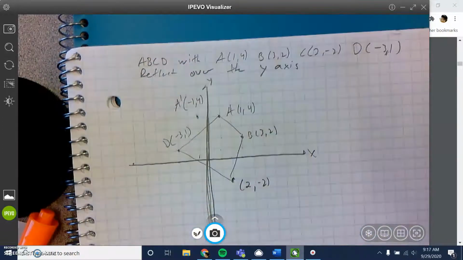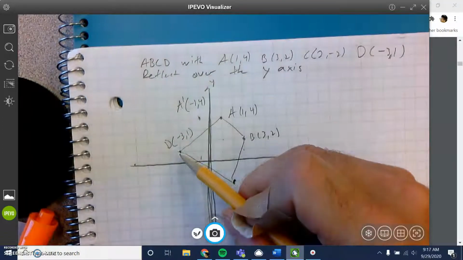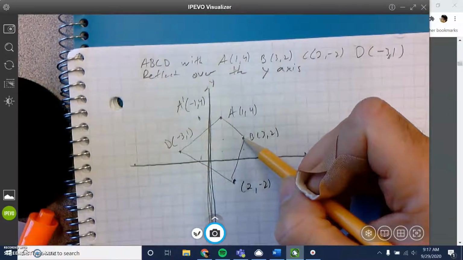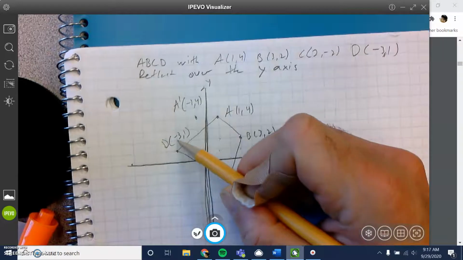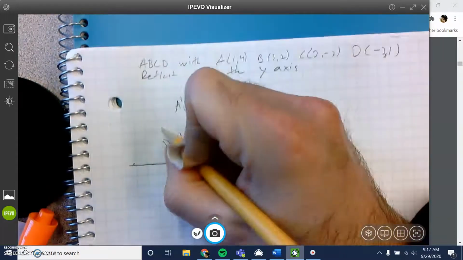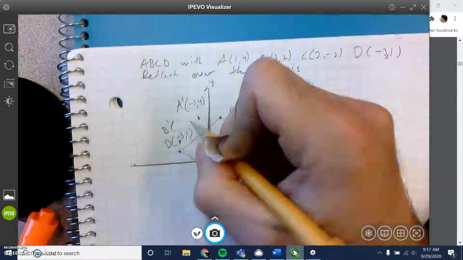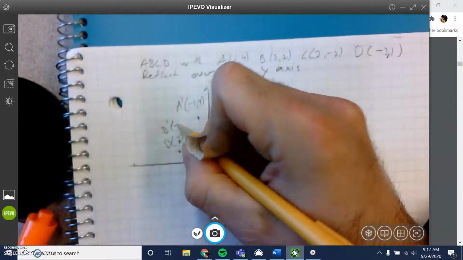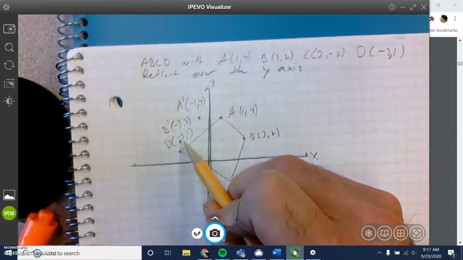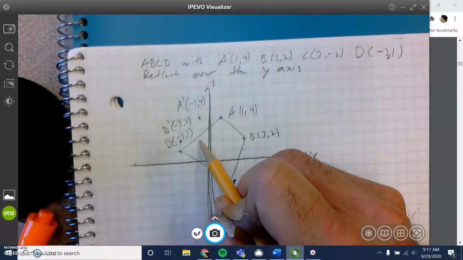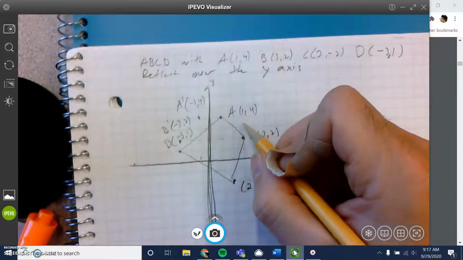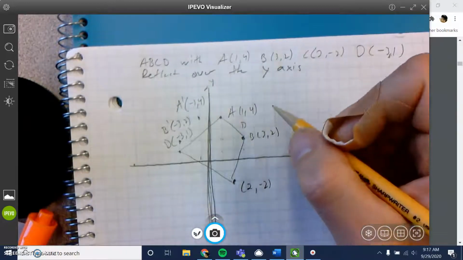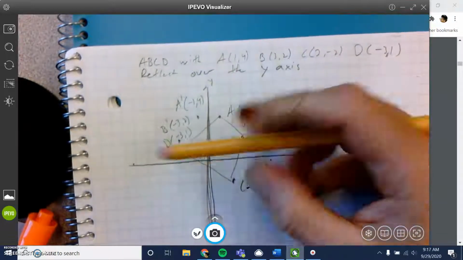Woo! You see a pattern yet? I might. Let's try B. So B is 3 to the line, and then 3 right here. So B prime is -3, 2. Cool. Let's do D. D is 3... oh, sorry.